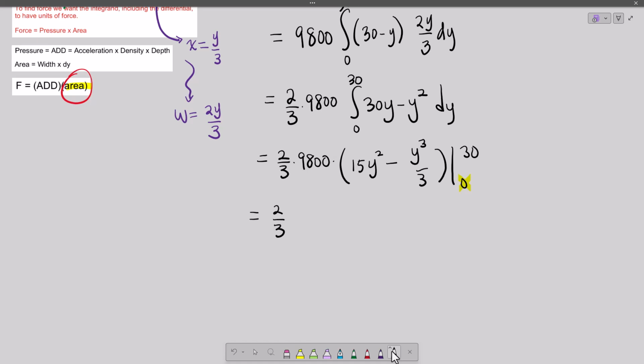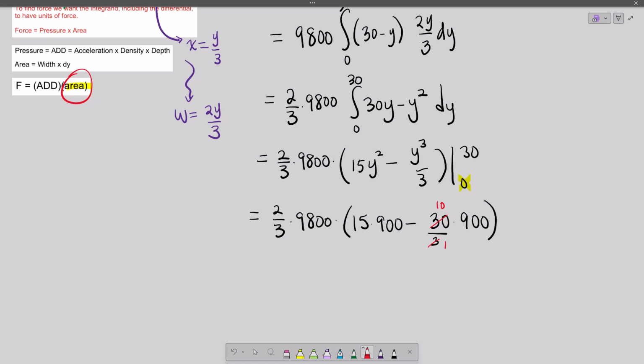So 2/3, 9,800 multiplied by, so we're going to have 30 squared. So 30 squared is 900. So we're going to have 15 times 900 minus, here we're going to have 30 cubed. Well, 30 squared is 900. So I could write it as 30 times 900, and I could divide just the 30 by 3 and make this a 1 and a 10. Do that. And then we just have to evaluate all that.